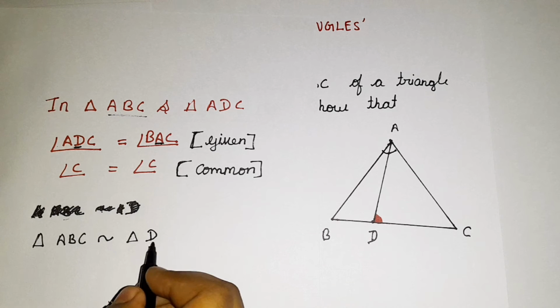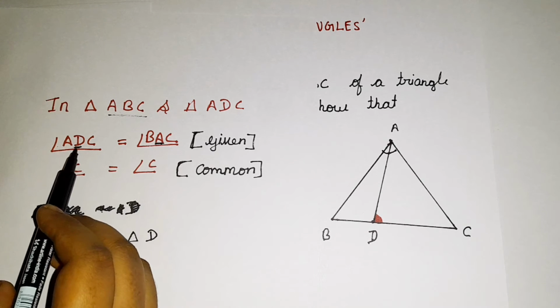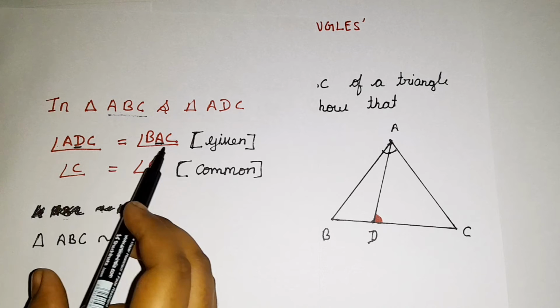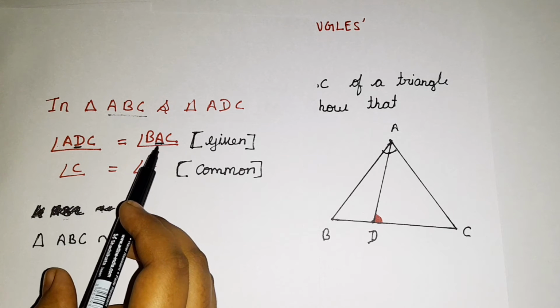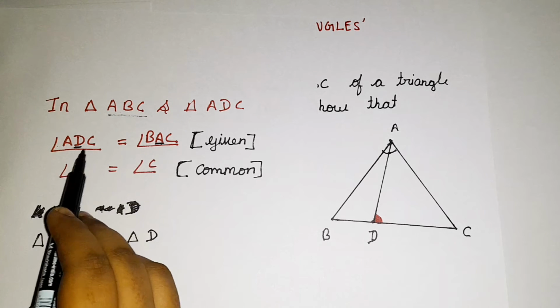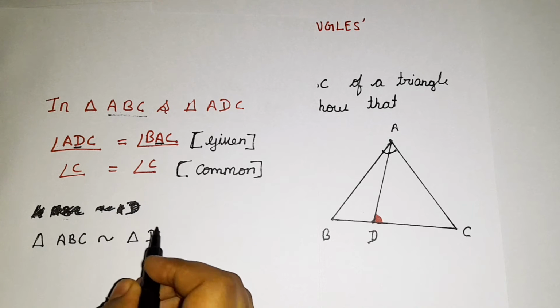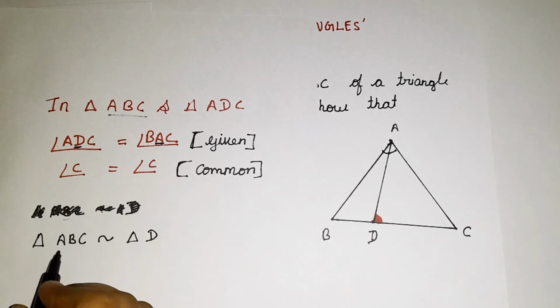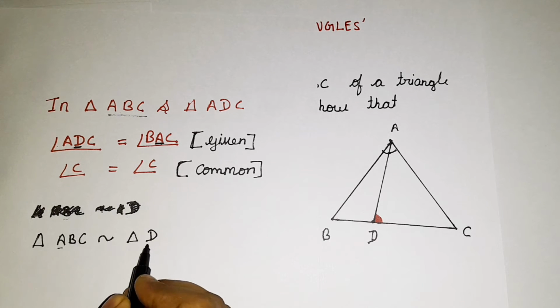Why did I write D first? Because I already told you that angle D is equal to angle A. If you look at the middle value, angle D is equal to angle A, so I wrote the middle value first, because we are supposed to show that angle A is equal to angle D.